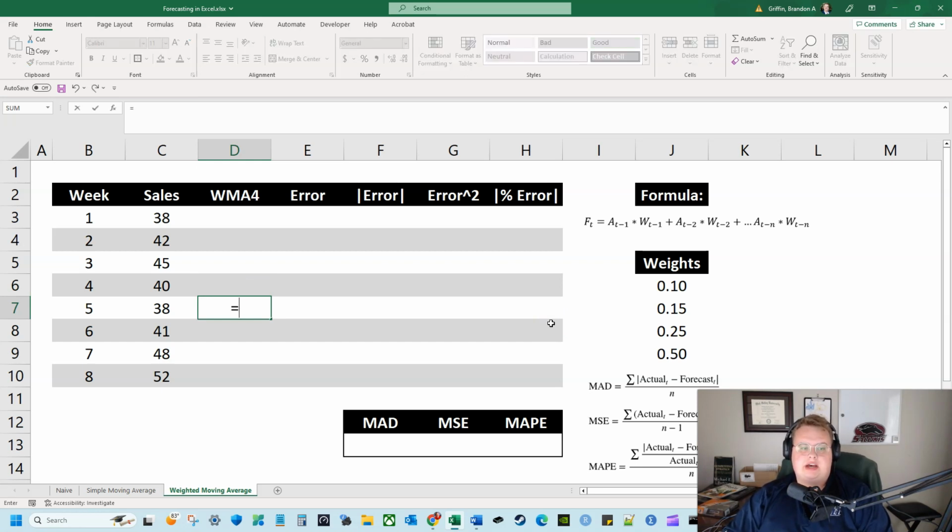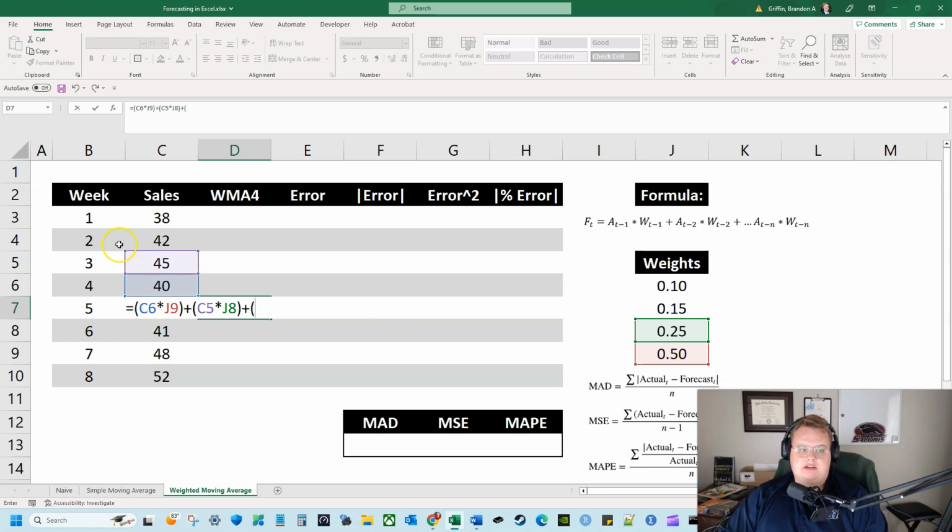And what am I going to do? I'm going to type equals. Actually, I can do it a different way. I'm going to start from the most recent week. The most recent week was week 4, so that's 40 sales, multiplied by the weight, which is 0.50. Then I'm going to add that together with my 45 multiplied by my weight for the second week, which is 0.25.